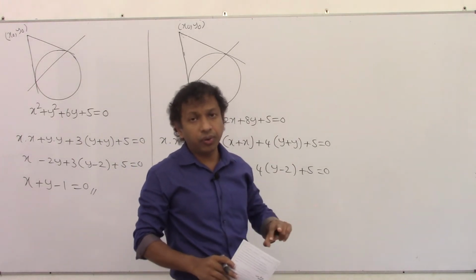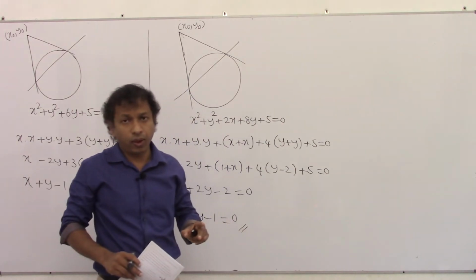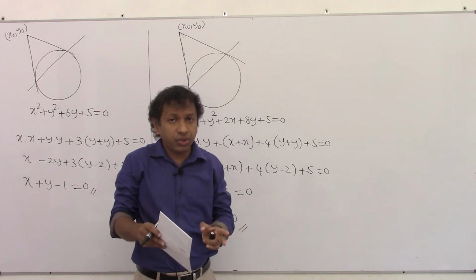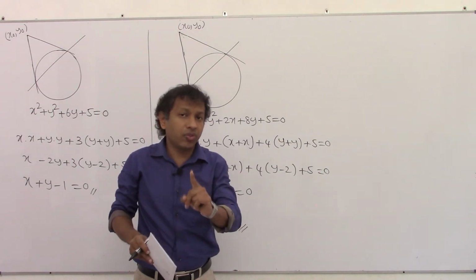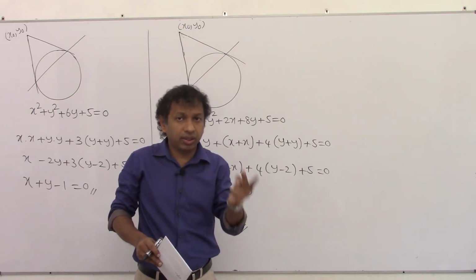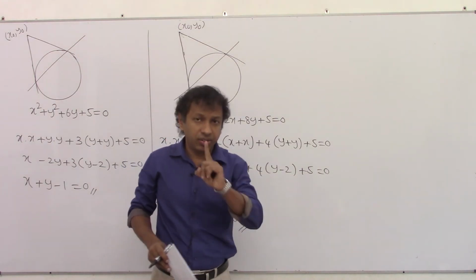Then we have two equations for two chords of contact, but these two equations should represent a single chord of contact, only one. Two equations, but both represent the same line.